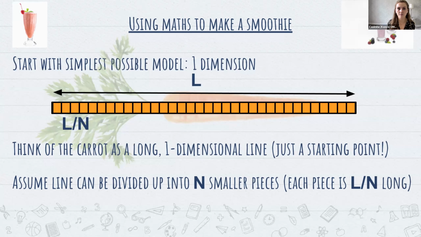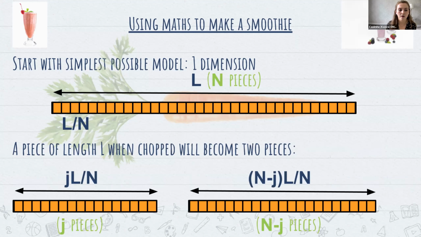But we have to have some sort of discretized understanding of what we're doing. So we've got one long piece, lots of little tiny pieces. When a piece of length L is chopped, and remember our assumption was it's getting chopped into two pieces, then one of those pieces, let's say this one, is going to be of length J times L over N. So that means there's J pieces.